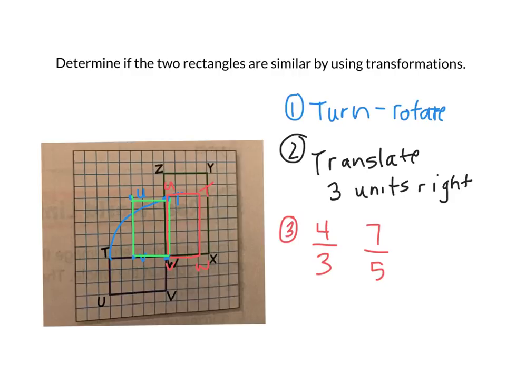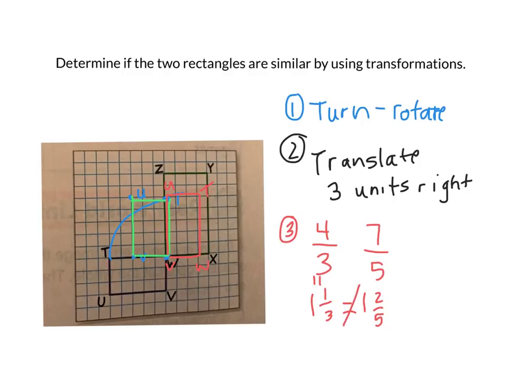So now I'm going to reduce these down. I've got 1 1/3 here. And this is 1 2/5. These two ratios do not equal one another.